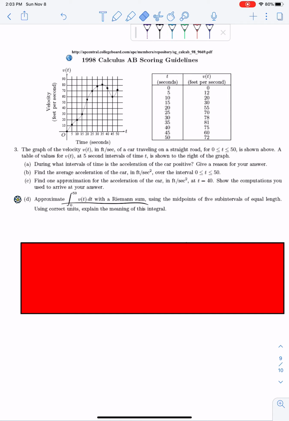So it's saying that to approximate the integral from 0 to 50 of the velocity function with a Riemann sum, use the midpoints of 5 subintervals. So n equals 5, and I'm using the midpoints, and it wants them to be equal length.